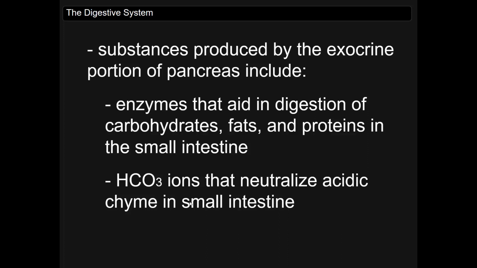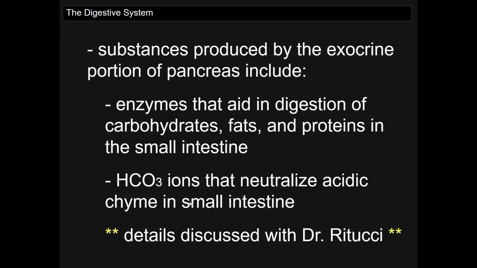We had one other. If you remember, in the duodenum we have those special glands in the wall called Brunner's glands. So now we know two ways that we are neutralizing acid in the duodenum. We have the pancreas making bicarb ions, and we have Brunner's glands producing an alkaline substance to neutralize acid. So you're going to get, again, all of those details with Dr. R.